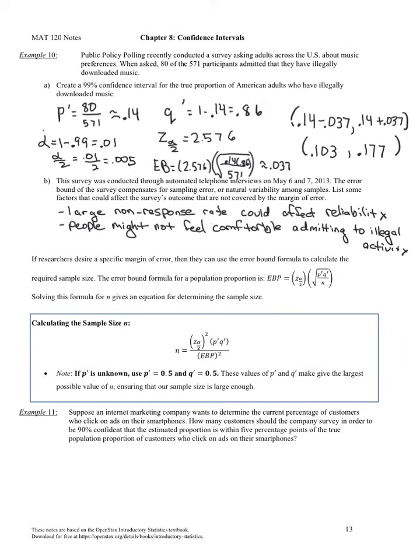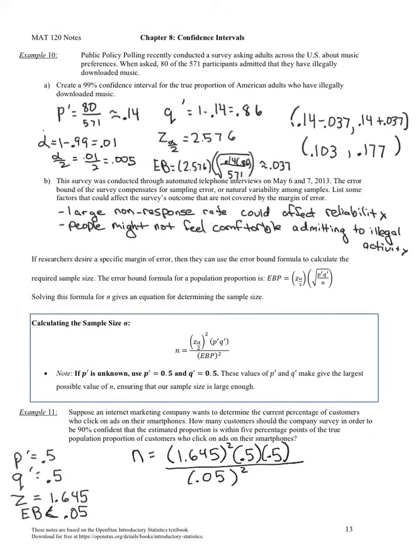Since we're not given a specific proportion, we're going to let p prime be 0.5 and q prime be 0.5. Otherwise, we'd use the proportion they gave us. And since we have a 90% confidence level, our z will be 1.645. We figured that out earlier in the section, and we need our error bound to be less than 0.05. So we'll go ahead and type this into our calculator, and we'll get about 270.6, which would give us 271 customers should be surveyed.